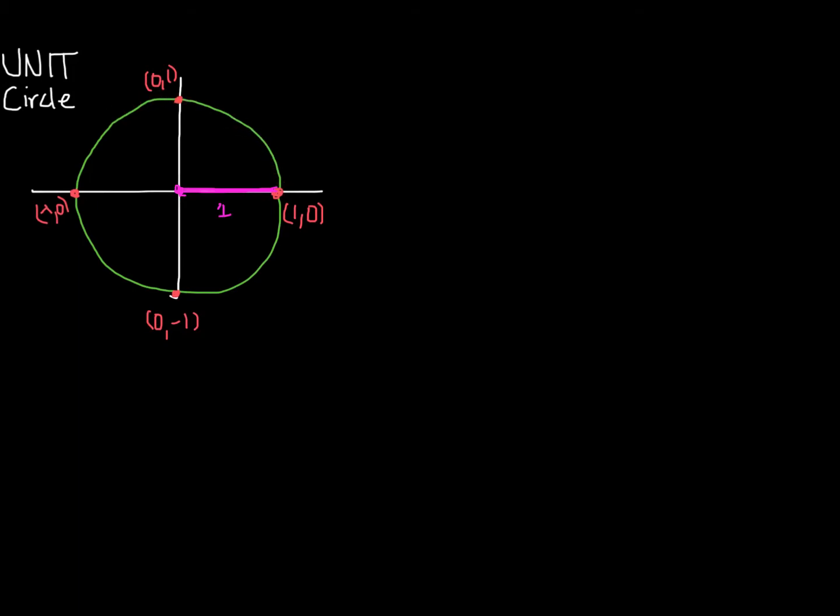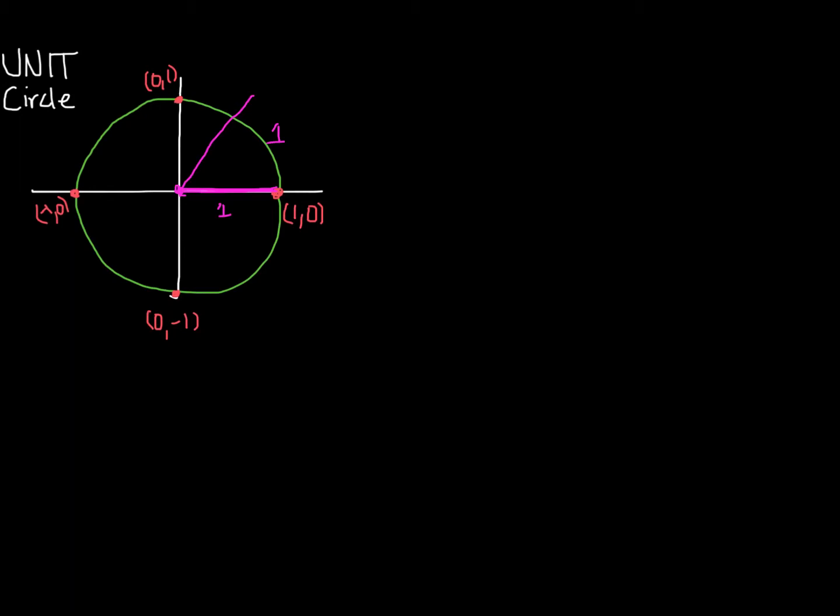This should make sense because if we have an angle measure of 1 radian, that's when I have turned 1 radius length around this circle, and 1 radius length has a length of 1.